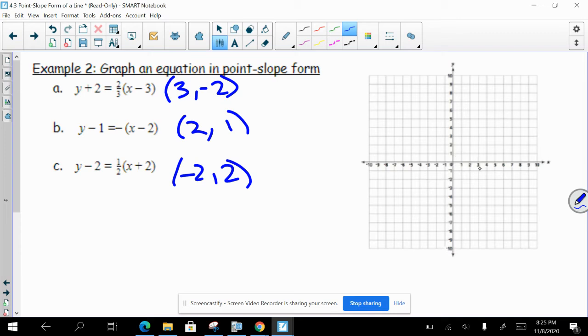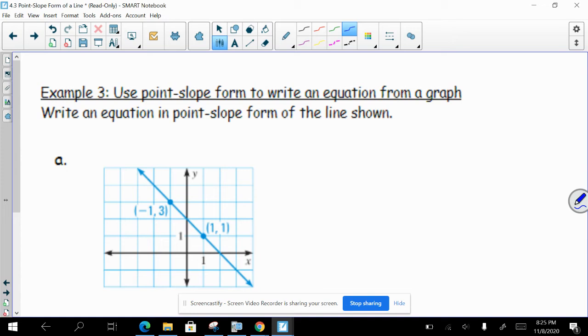So we would start at (3, -2), and then our slope is 2/3, so we would go up 2 over 3 to get another point. And then you would just keep doing that. I'm not going to show the other two just to save you some time.